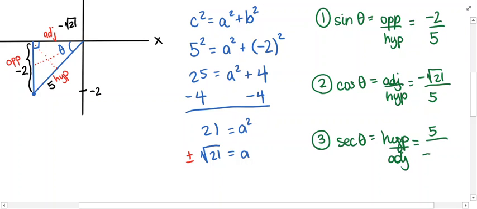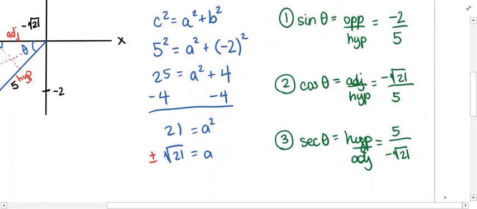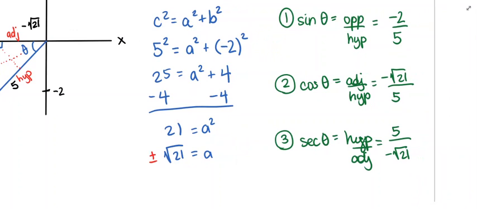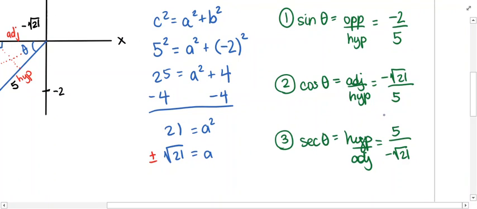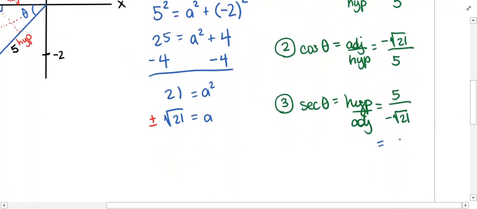The adjacent side is negative square root of 21. Hopefully you know this from trig. You should always rationalize your denominators, meaning get rid of any kind of square root or radical in the bottom. To do this, I am going to take my quantity here and multiply the top and bottom by the square root of 21.